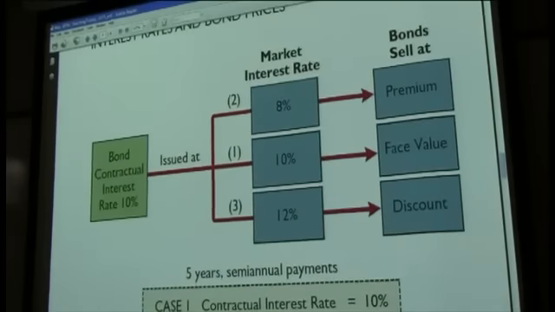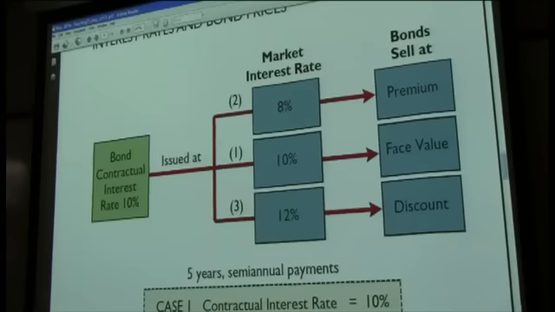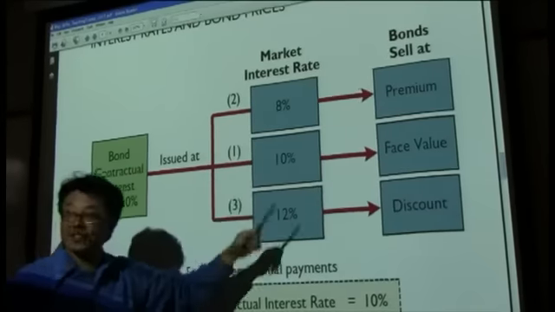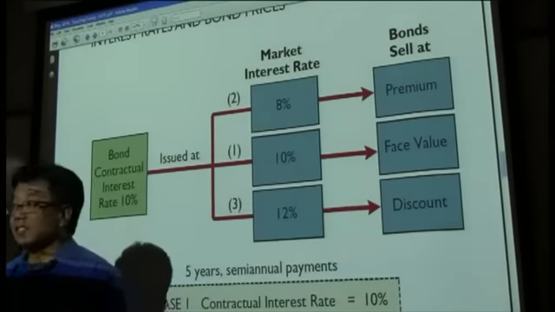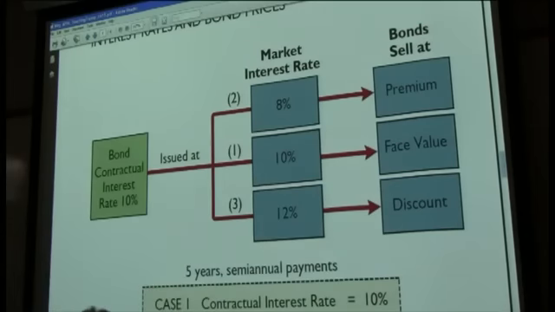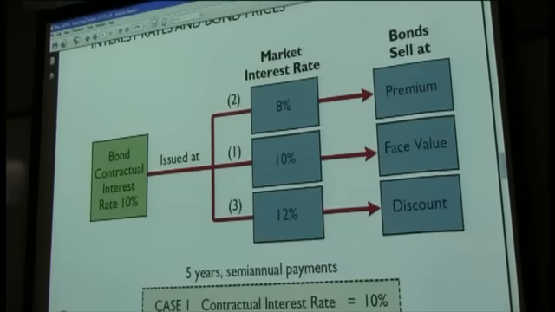Don't memorize this. Some students actually memorize what happens when the contract rate is higher. I guess you can do that, but you don't have to. Why add to your brain the overload, right? You don't have to, because it really makes sense.